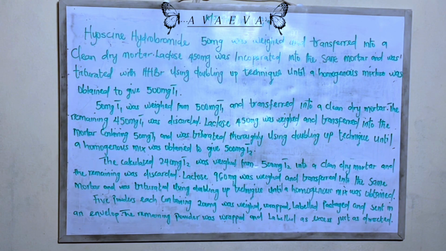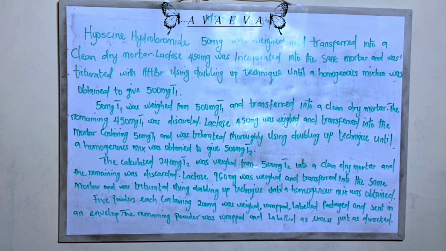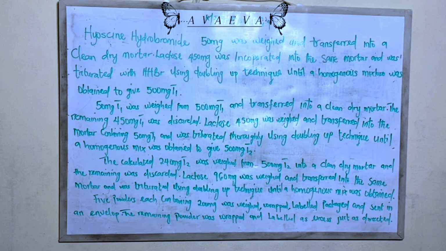Now, 50 milligrams T1 was weighed from 500 milligrams T1 and transferred into a clean dry mortar. The remaining 450 milligrams T1 was discarded. Lactose 450 milligrams was weighed and transferred into the mortar containing 50 milligrams T1 and was triturated thoroughly using doubling up technique until a homogeneous mix was obtained to give 500 milligrams T2.